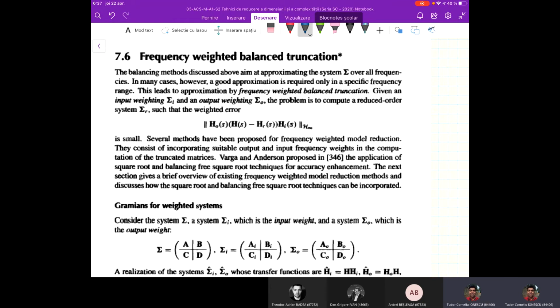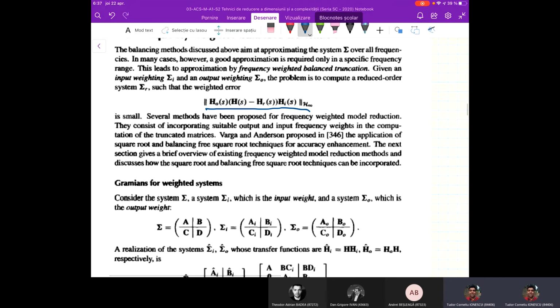So now you have the weighted error, which is this one. And there are several methods, they say here. You can see here Varga, this was a Romanian guy, I think he used to be in Germany.